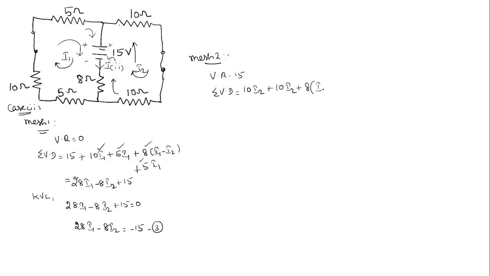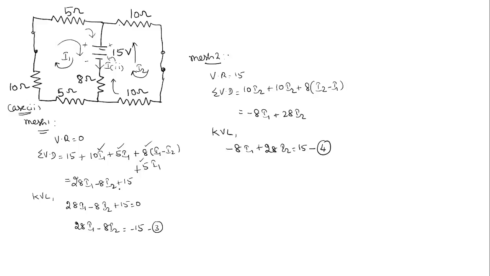For the 8 ohms resistor, as already discussed, we write it as I2 minus I1. On simplification, we get minus 8 I1 plus 28 I2. Now the KVL equation will be minus 8 I1 plus 28 I2 is equal to 15. This is equation number 4.